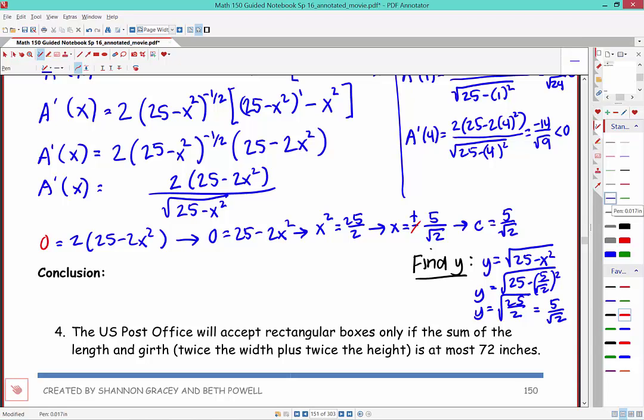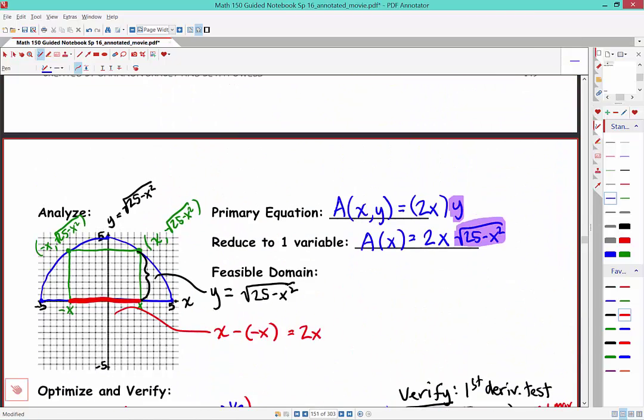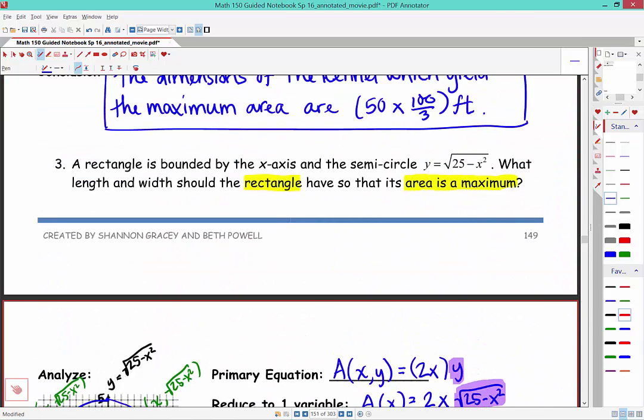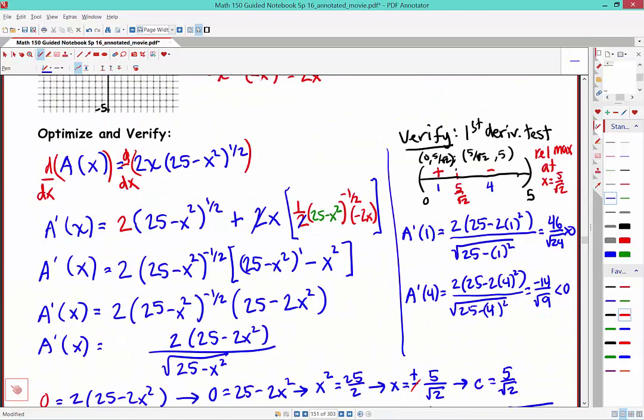So the question they asked us was, what length and width should the rectangle have?